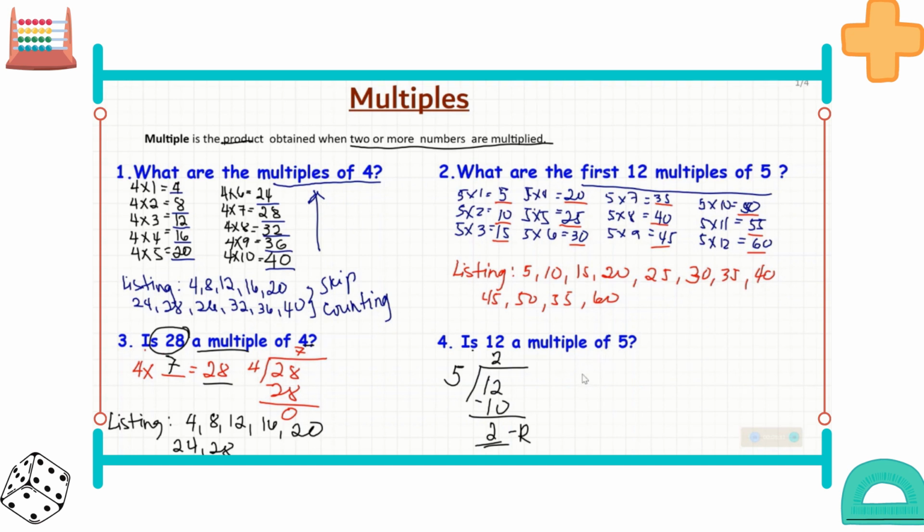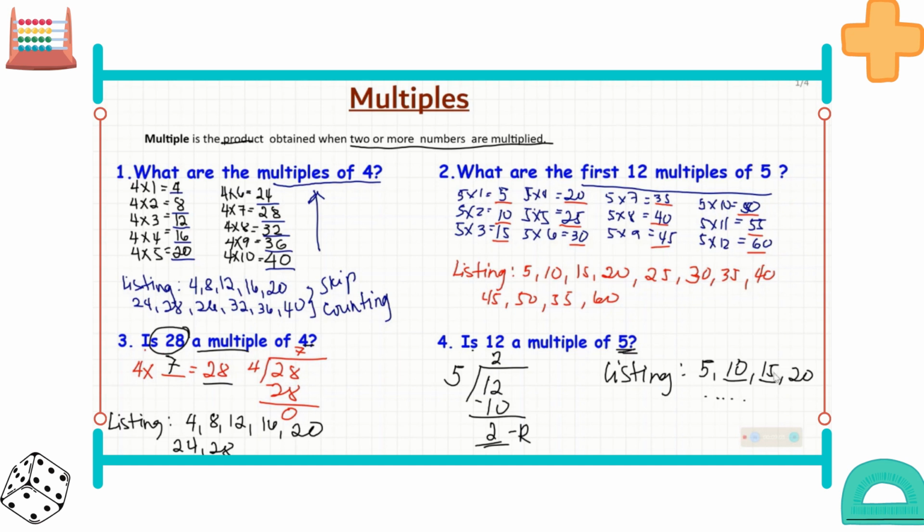Another way is listing, which is just skip counting. Let's skip count by 5: 5, 10, 15, 20, and so on. When you skip count by 5, 10 is here, and the next number is 15. So 12 is not part of the skip counting by 5.